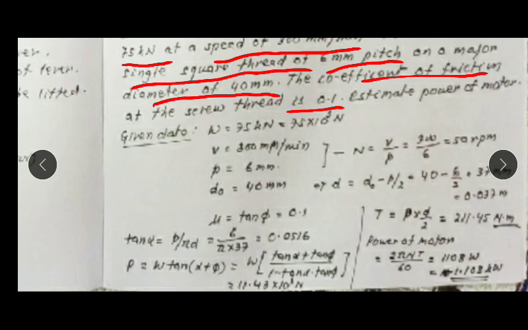Then power of the motor by using T omega or 2 pi N T by 60, N equal to 50 rpm, T equal to 211.45 Newton meter, it will come 1108 watt. By dividing by 1000, it will come 1.108 kilowatt.